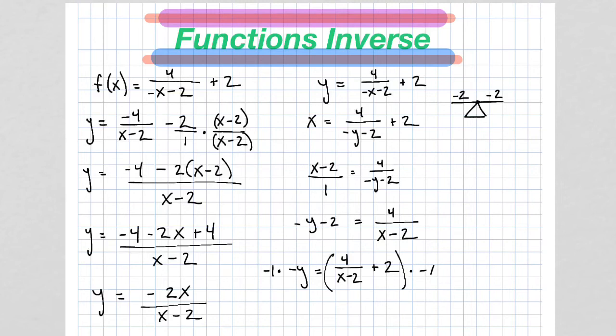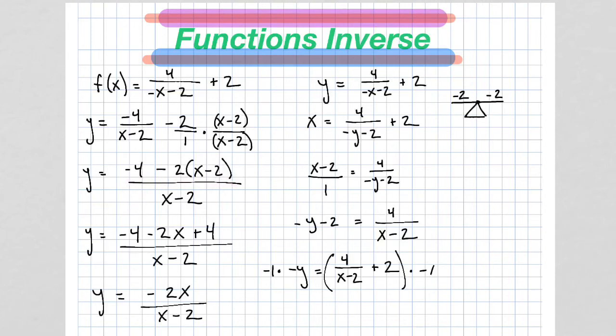Okay, at this point we're done. This is the inverse. So real quick, just to point out, this step here was to make it so that we can include this negative 2 underneath one rational function.